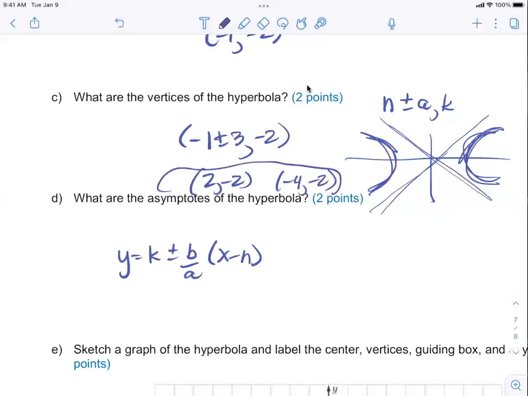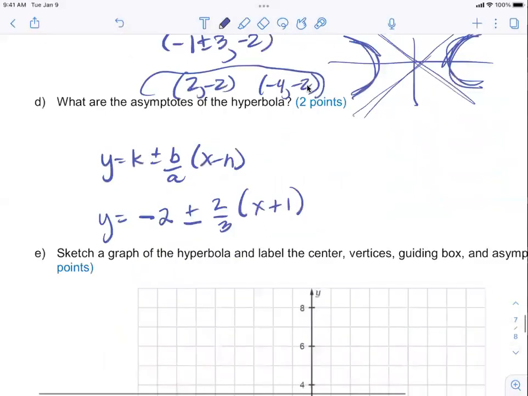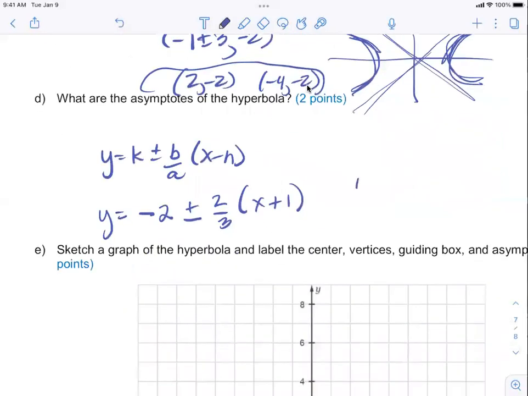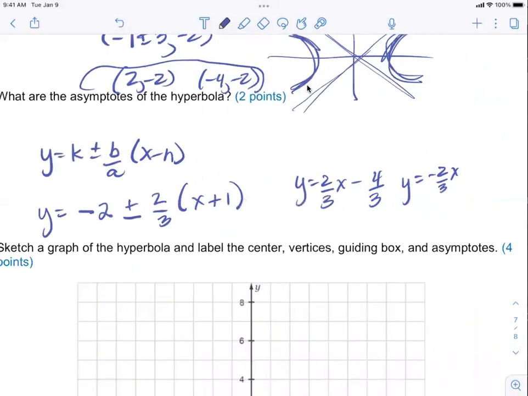If we plug all the pieces into this equation, we know that k is -2 plus or minus b over a, so that's 2 over 3. X minus h is x plus 1. If you go through those and distribute and combine like terms and solve, you have y equals 2/3 x minus 4/3. And you also have y equals -2/3 x minus 8/3.